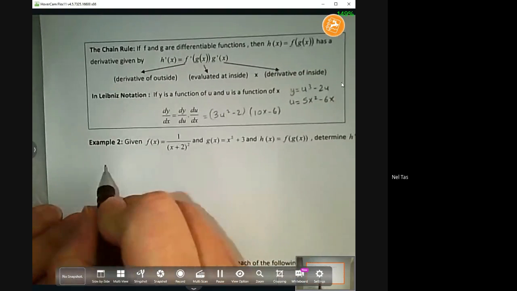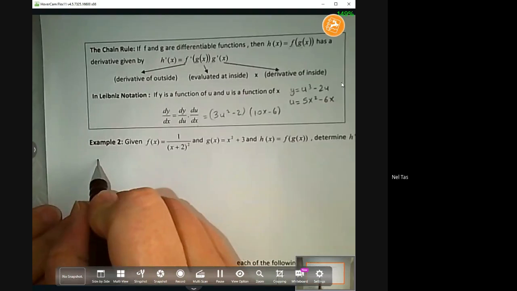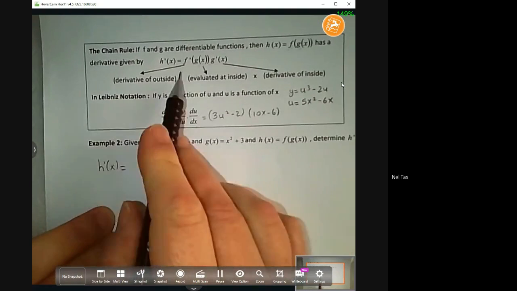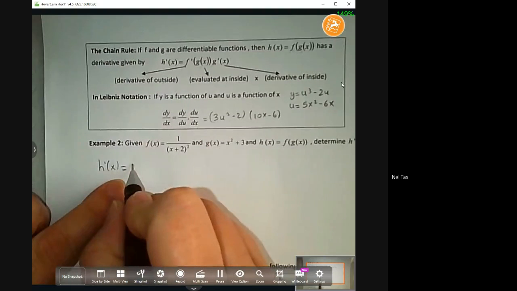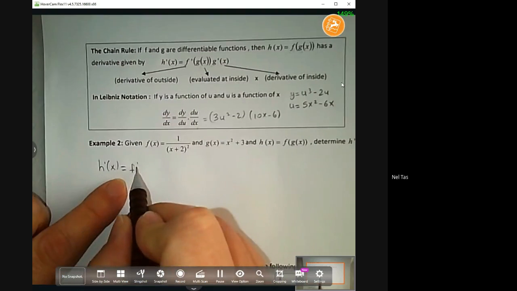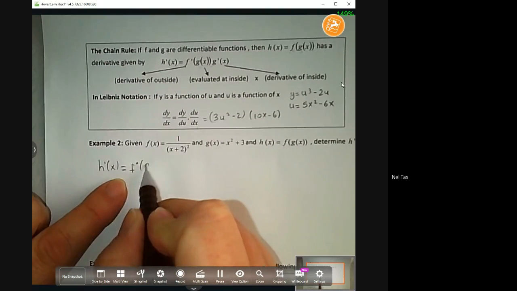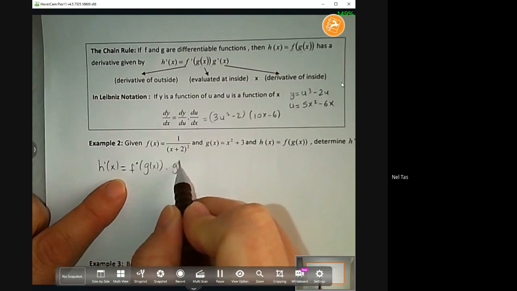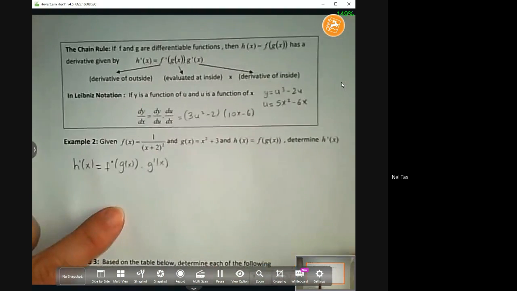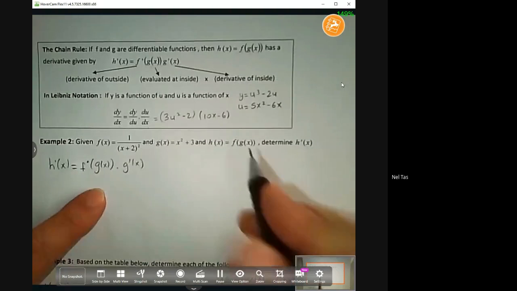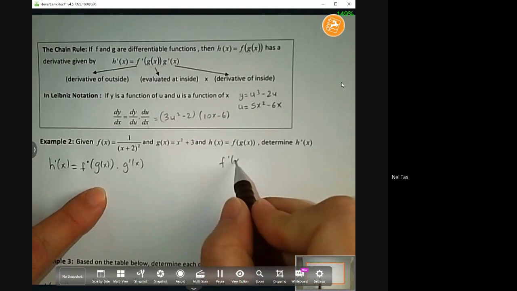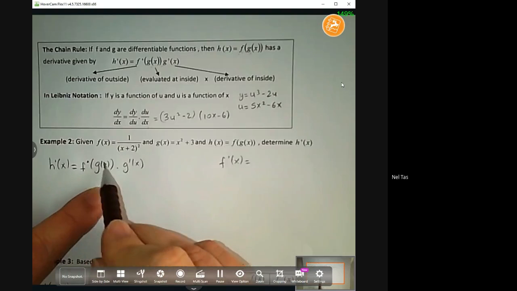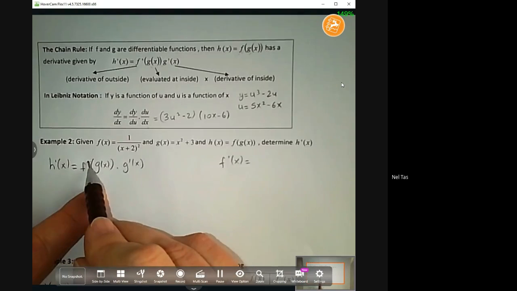Okay, so then derivative of h, applying this, right? We take the derivative of outside function f, we evaluate it with the inside function, times we take the derivative of inside function. All right, so f prime we need first, because we will need to substitute g function in the f prime.